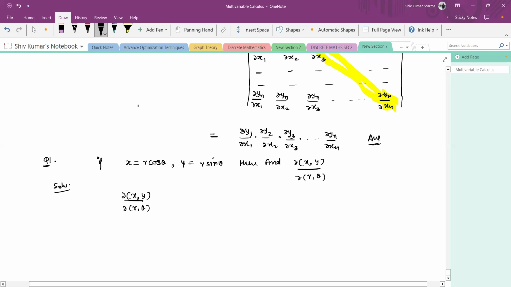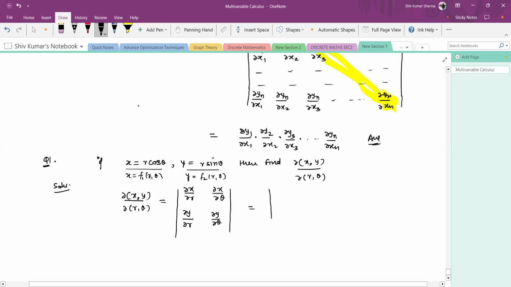So we clearly see that x is a function of r and theta, y is a function of r and theta. So here we are going to calculate the Jacobian of xy with respect to r theta. So first we make the determinant: del x upon del r, del x upon del theta, and second row del y upon del r, del y upon del theta.